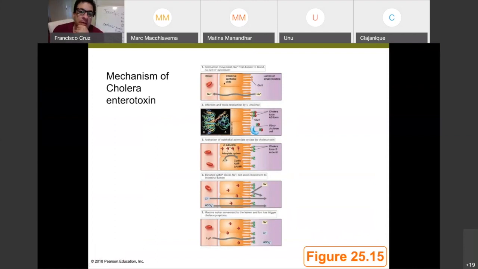Okay. I don't know how much physiology you guys have learned, but across the intestinal epithelial cells, your body is controlling salt balance in both directions, on both sides of that membrane.